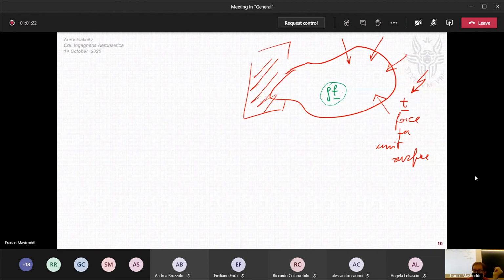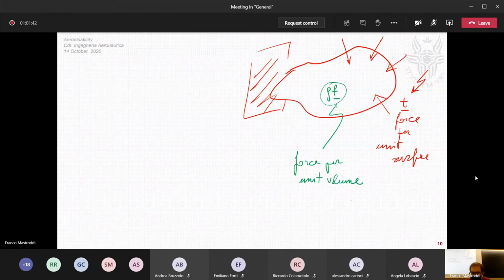So this green here is a physical force per unit volume, and this is defined in each internal point of the body.